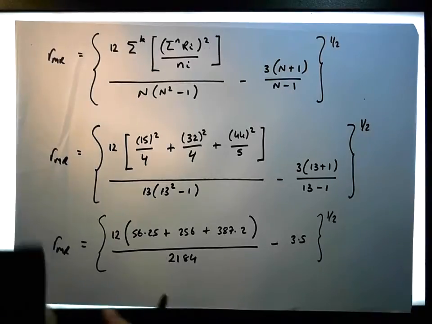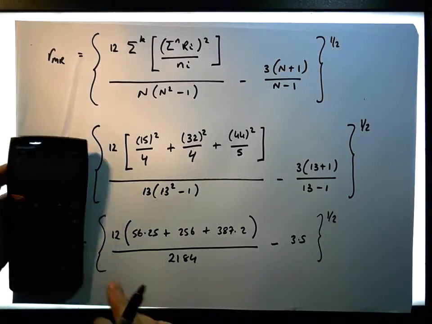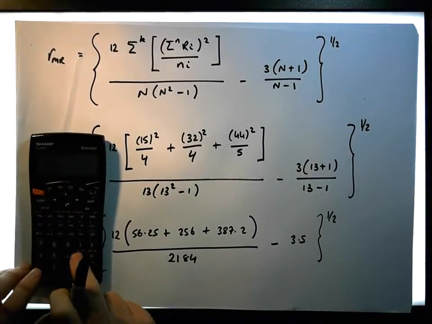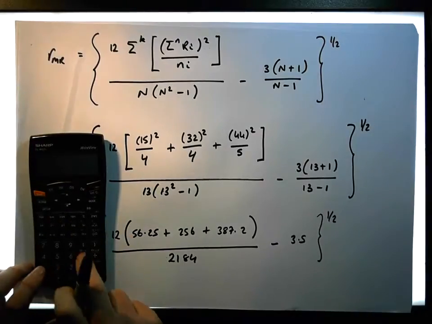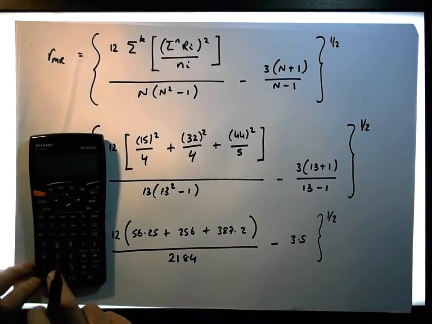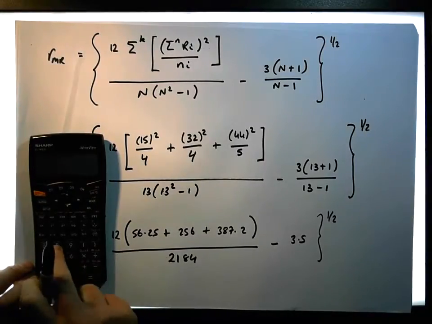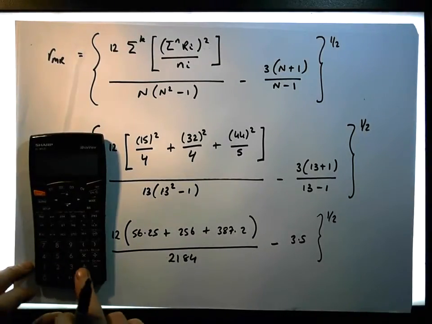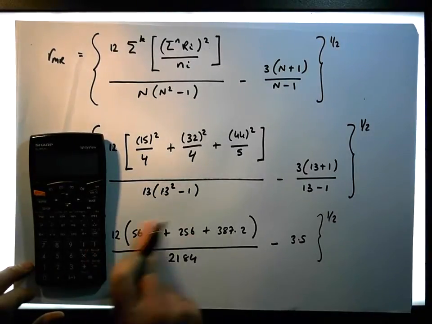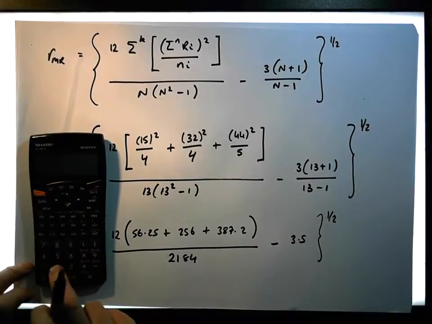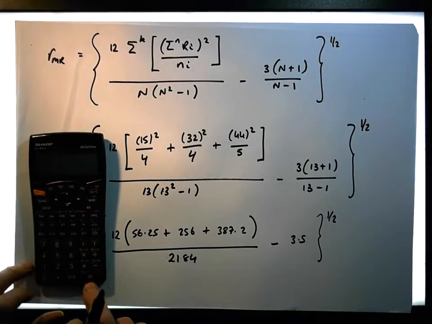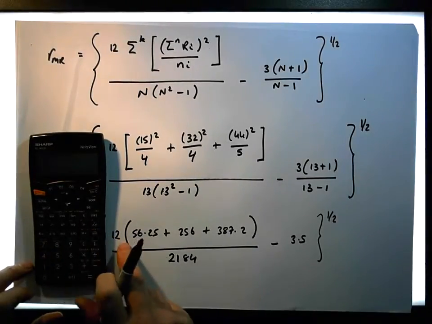So let's actually just do this whole calculation now. It's 12 times 56.25 plus 256 plus 387.2, and that needs to be divided by 2,184, which gives us a value of about 3.84.